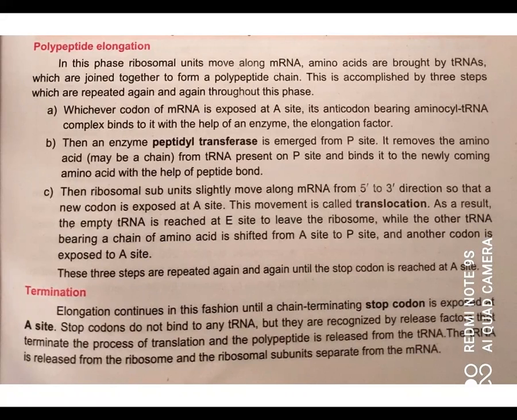So moving ahead, what was initially the A site is now the P site where the new peptide bond will be formed, and where there was initially the P site is now the E site. So this is how the ribosome keeps moving along the length of the messenger RNA. It moves from the 5' to the 3' end, and this movement is called translocation.